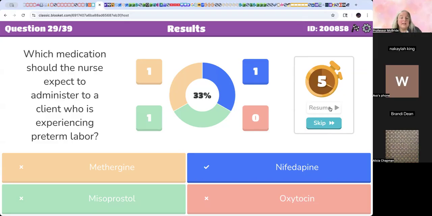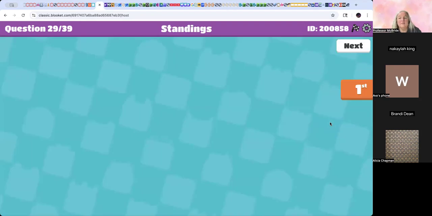Okay. All the other medicines that are listed here are uterotonics. Pitocin or oxytocin, Cytotec, which is misoprostol, Hemabate, and Methergin are the squeezers. We don't want to give a patient in preterm labor a squeezer. We want to give her a relaxer. So nifedipine for her.